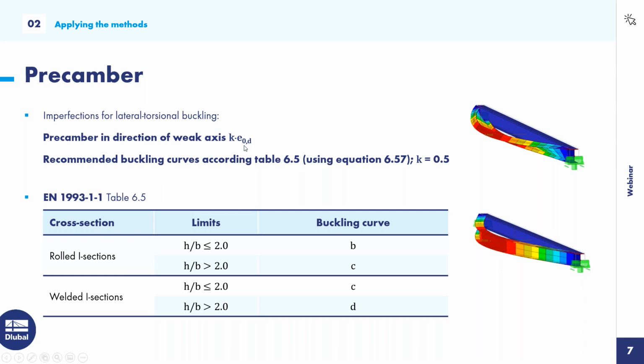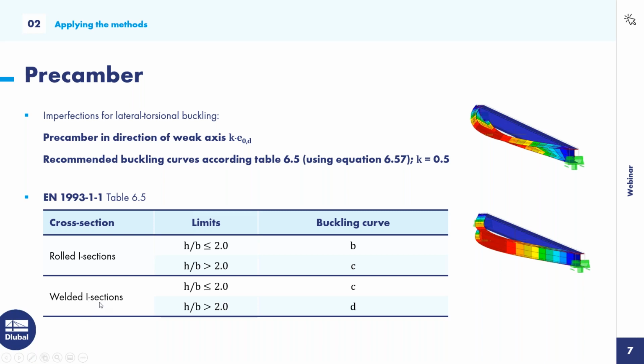The formula for the pre-camber is k_e multiplied by e_0,d, and the recommendation for k_e is 0.5. Means the formula is k_e multiplied by e_0,d.